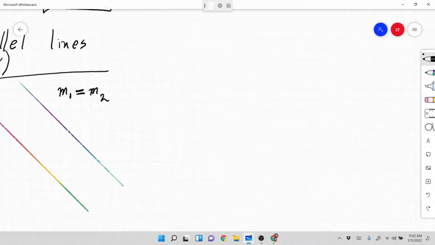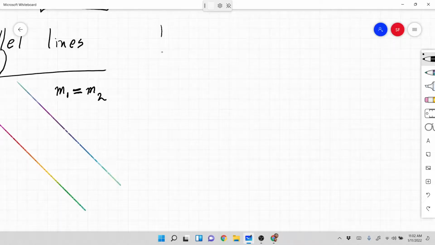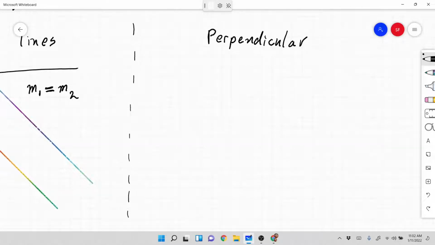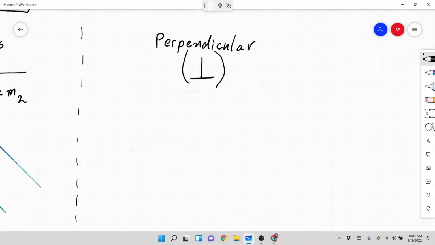For perpendicular lines, we're going to flip and flip. Perpendicular, which we're going to use this symbol for. A dead T. Did we just do an actual T, though?